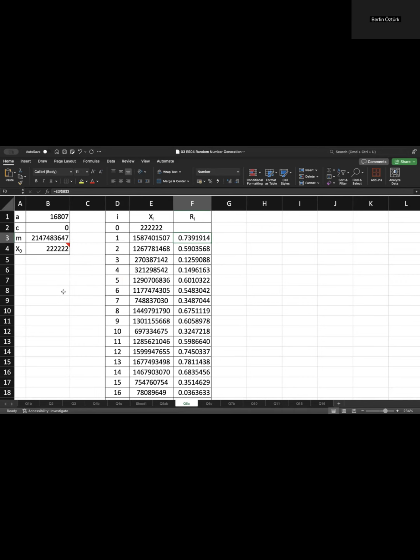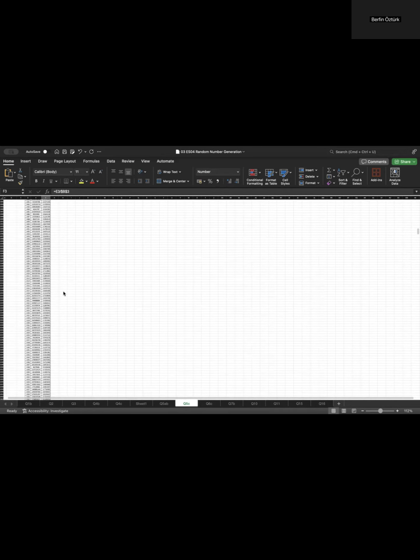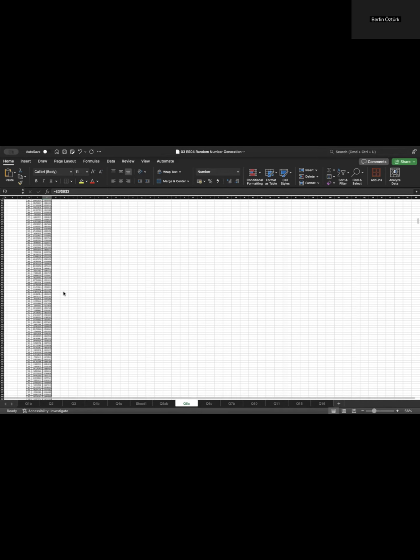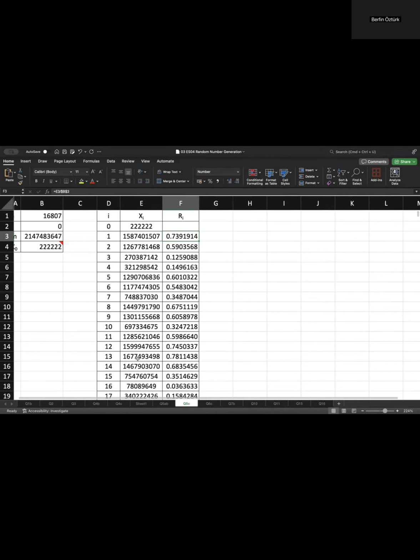It asks us to generate 500 random numbers using linear congruential method, which we did in the fifth question. So it was, oh my God, it was 10,000 numbers, but now it's 500.